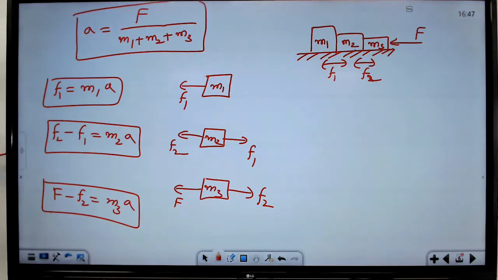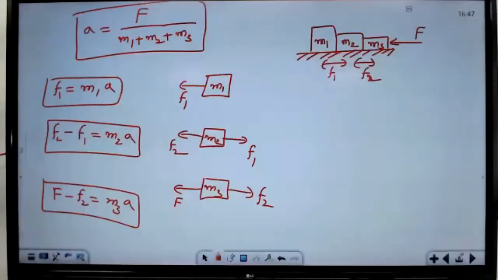Calculate tension in the string at a distance 2 meter from the force end.